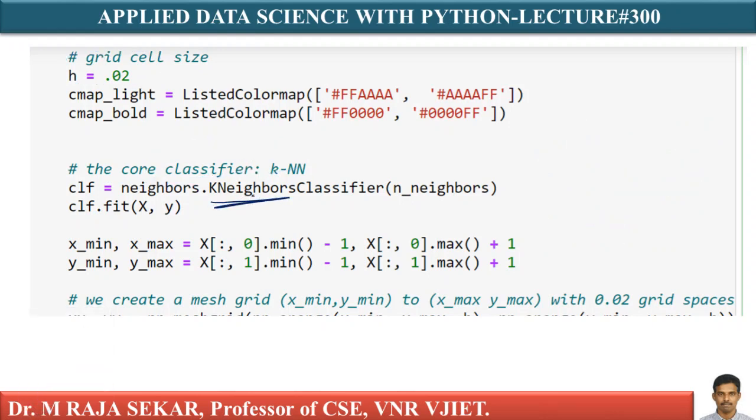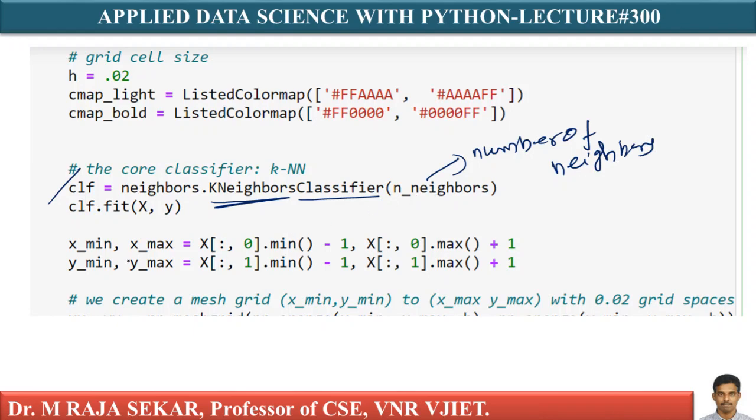It's a part of the scikit-learn library. Classifier, this n underscore neighbors, what is it? That is the number of neighbors, isn't it? This clf is the classifier, and n underscore neighbors is the number of neighbors.